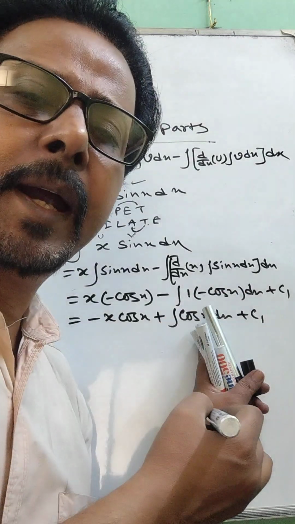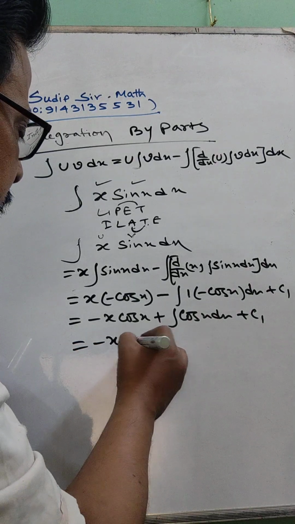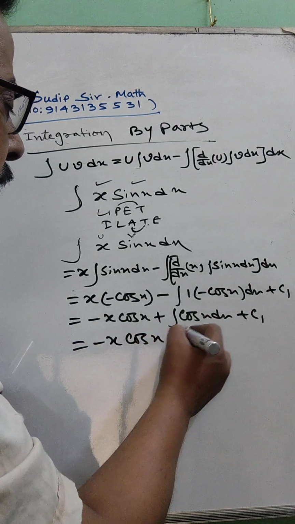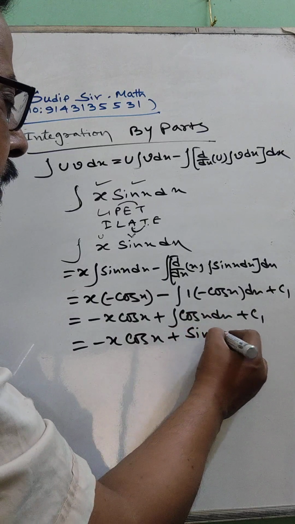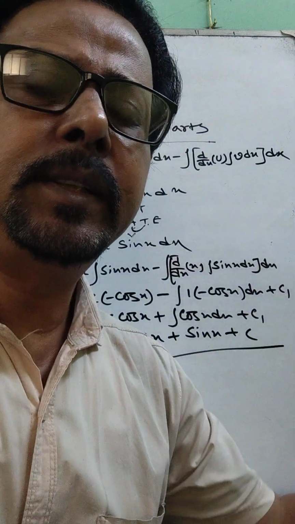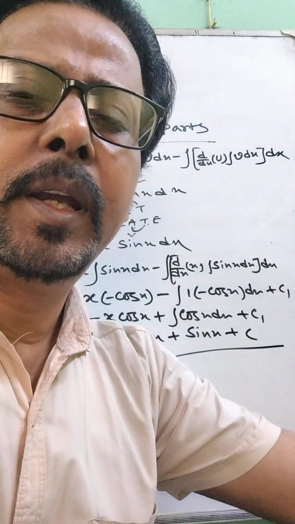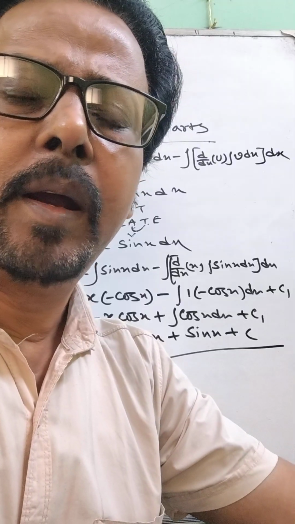You have to integrate again. This is minus x cos x, and integration of cos x is sin x, plus c. Finally it is c. So this is the pattern of using ILATE or LIATE for by parts.